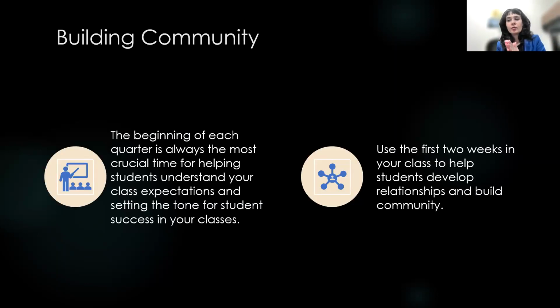Okay, so let's start with the first one, building community. Let's say you don't have time to experiment with all these different strategies because you're already busy, but you want to choose one. I would say this would be the one to implement first, because without feeling safe, without that community, students can't really be successful.